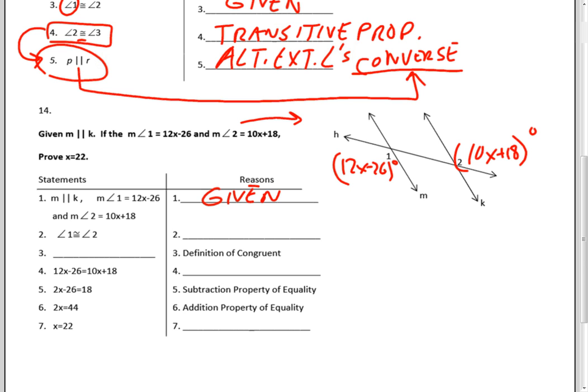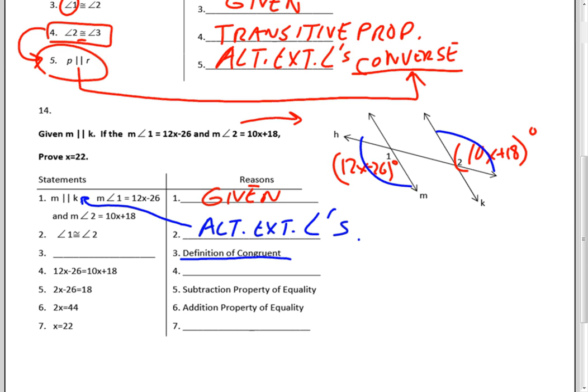What allows me to say that this is equal to this? What would you put for your reason for number 2? Alternate exterior. We can only write something like that if we have something like that previous.